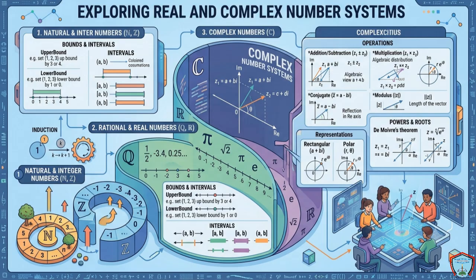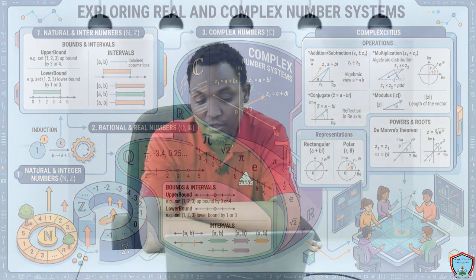To solve such equations, mathematicians developed a larger number system called the complex numbers. Complex numbers extend the real number system and provide solutions to equations that cannot be solved using real numbers. They are widely used in engineering, physics, electronics, computer science, and many other scientific fields.